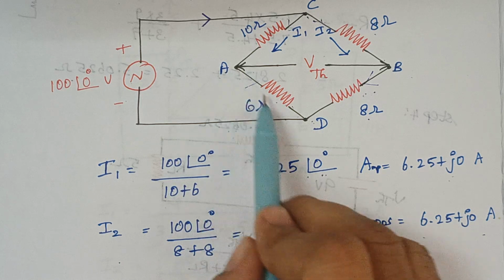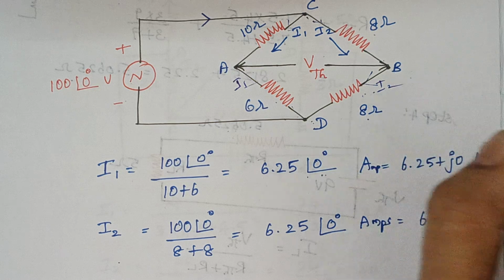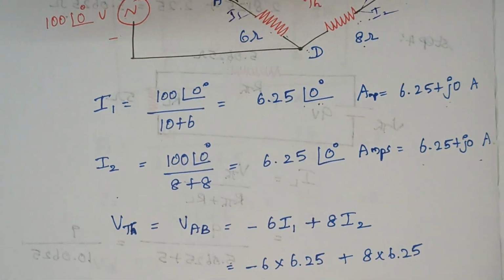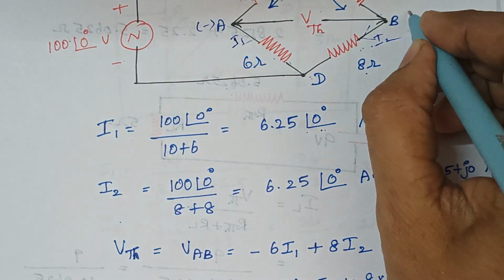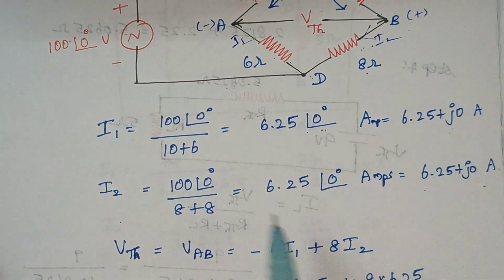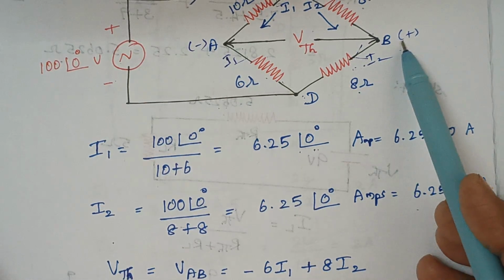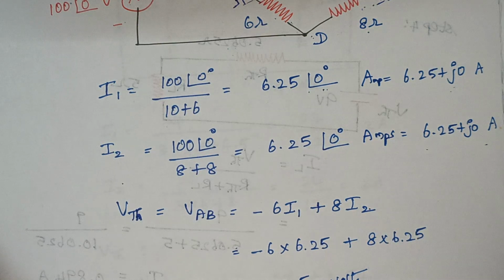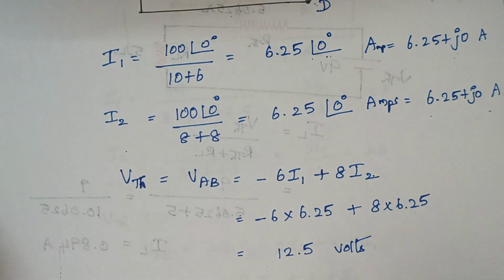The current that flows through this 6 ohm is our I1, and here our I2. I am taking A as the negative terminal, A with the potential of minus and B with the potential of plus. Therefore, minus 6 into I1, and here B is plus, therefore plus 8 into I2. This is what I had written here. We know the values of I1 and I2, so just substitute, and the final answer is 12.5 volts.